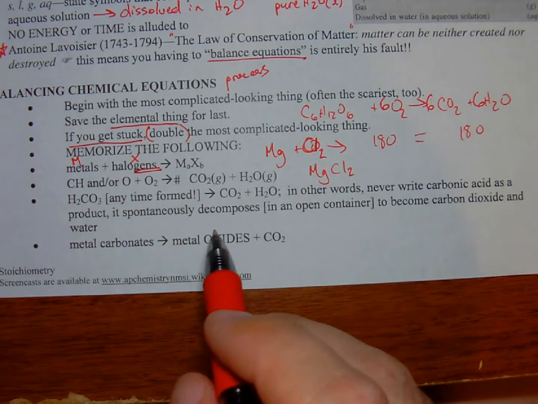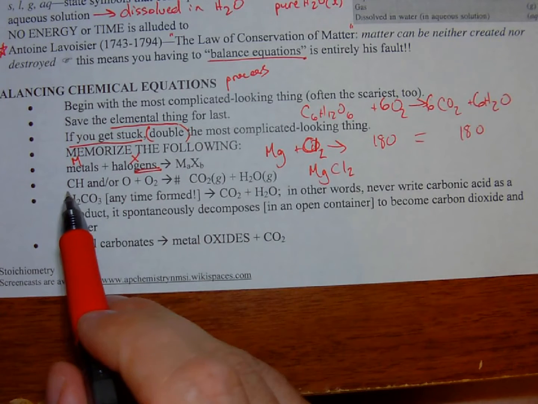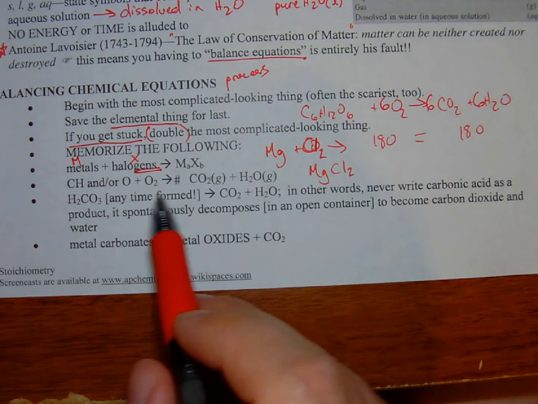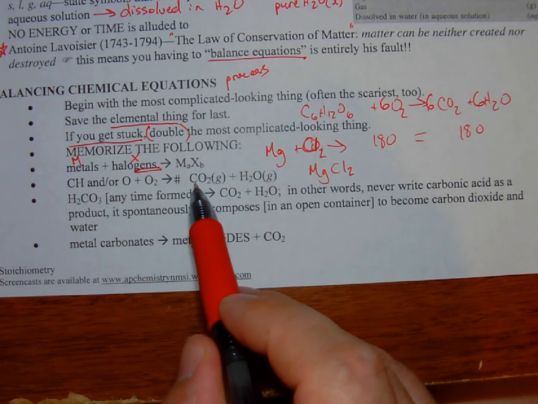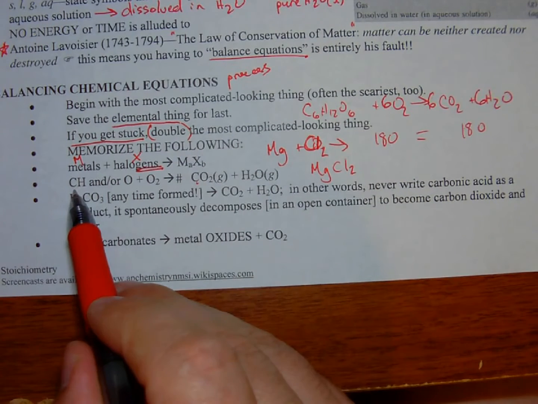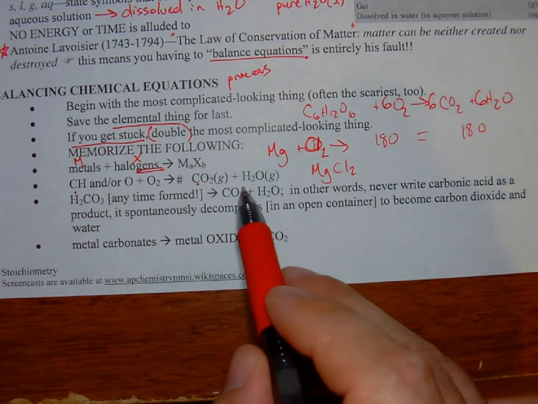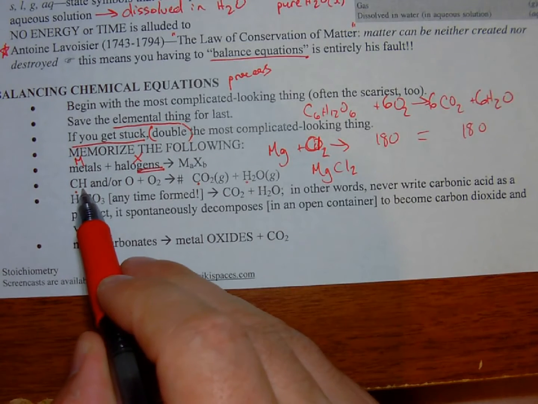Now, the really important thing to remember is, yes, when you combust a hydrocarbon, you're going to have carbon dioxide and water. But the reason you have carbon dioxide as one of your products is because there was carbon present in the hydrocarbon. And the reason you have water present is because the hydrogen was present in the hydrocarbon.